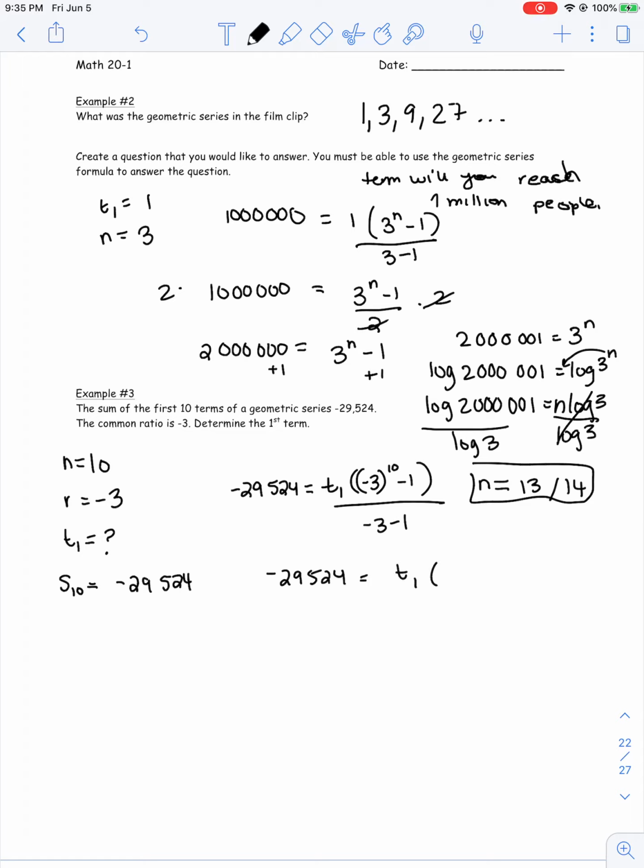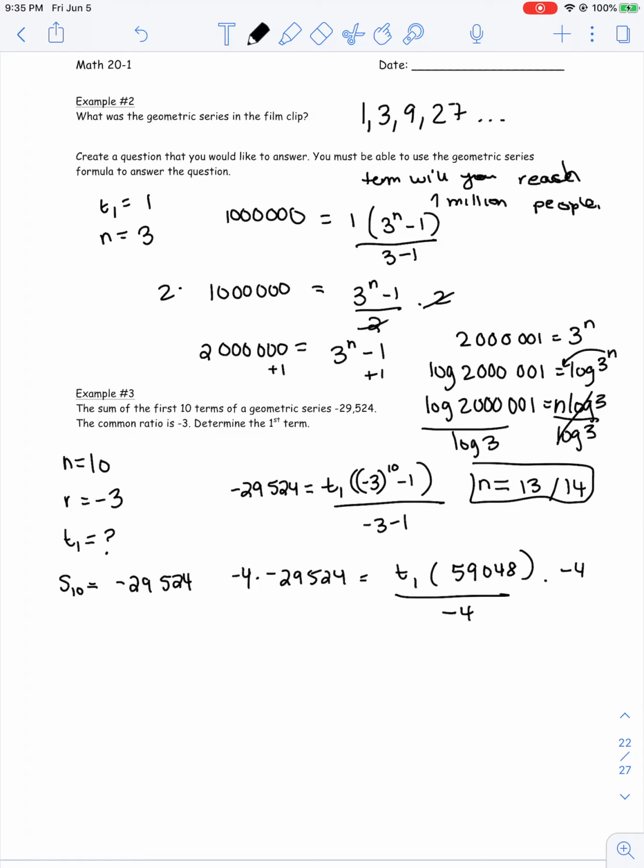So -3 to the power of 10 is equal to 59,049, but we're going to subtract 1 right away to get 59,048. And then at the bottom, we should have -4.